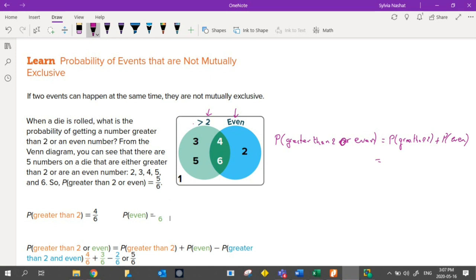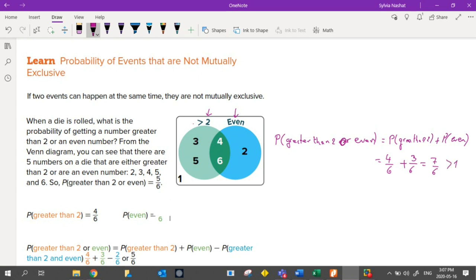Probability of numbers greater than 2 is 4 over 6, plus probability of even numbers, 3 over 6, and when you add, you get 7 over 6, and that is greater than 1.